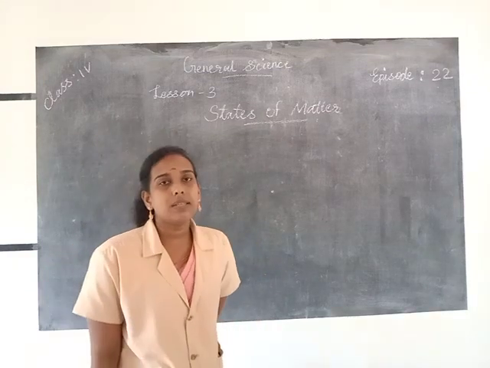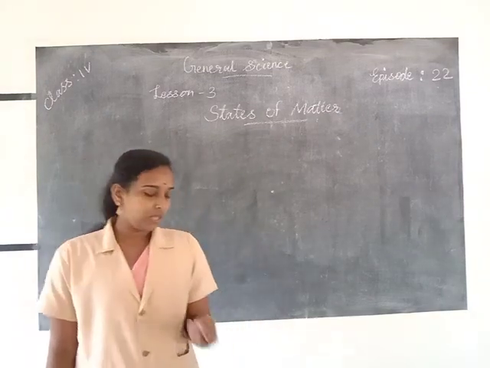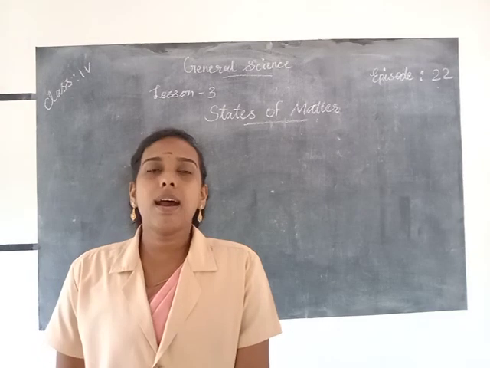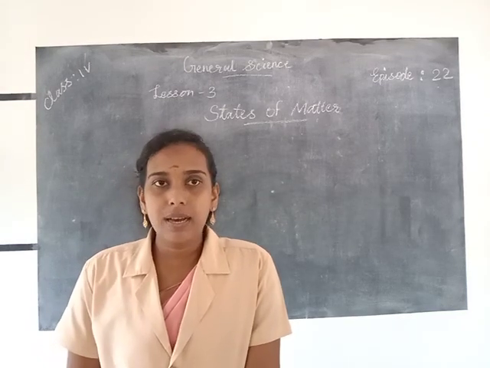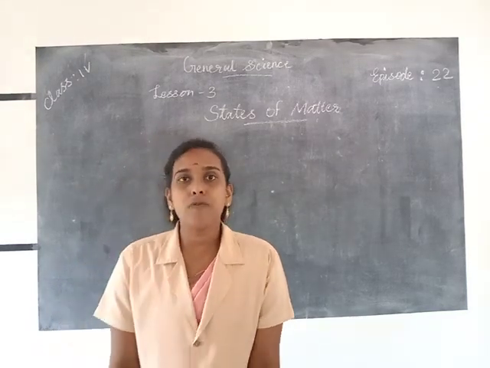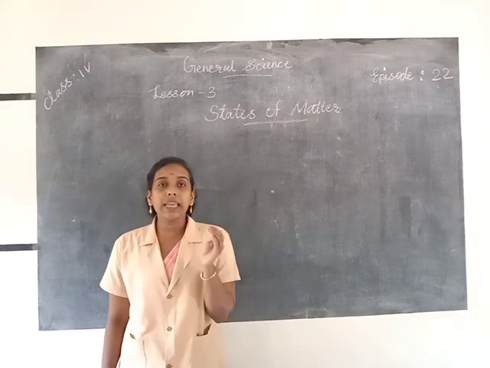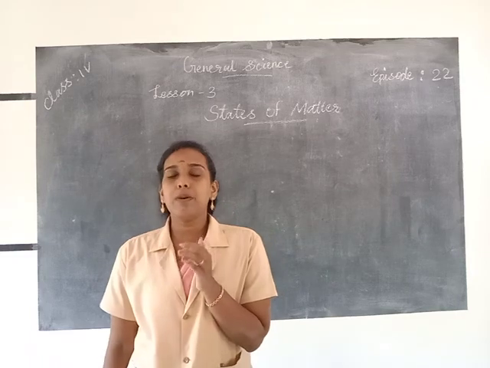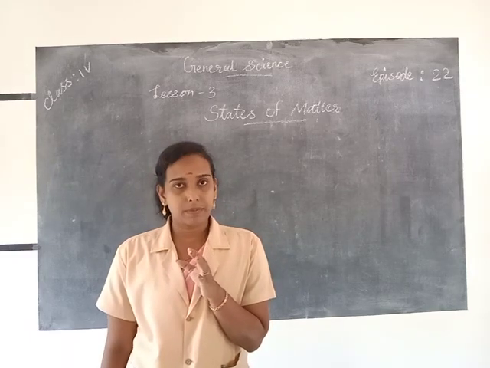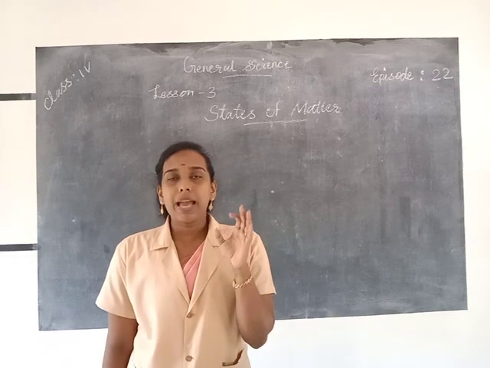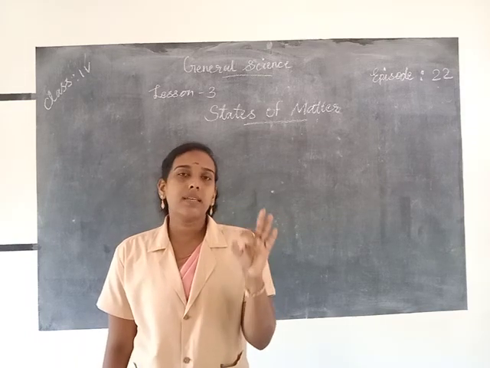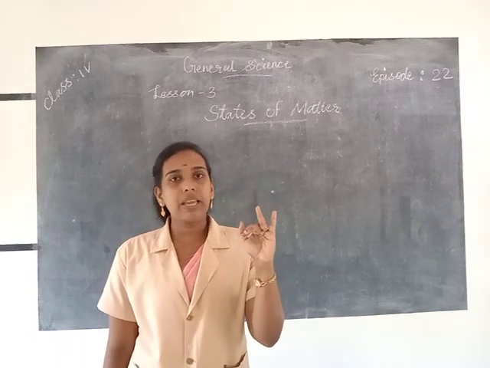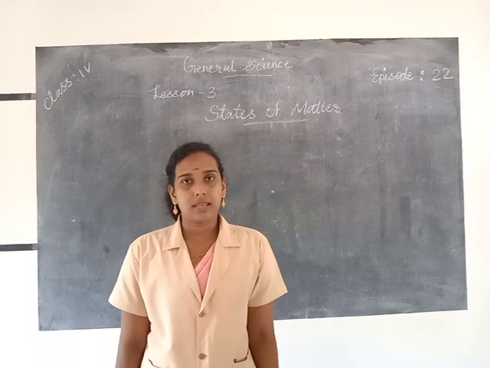So what do you mean by matter? Anything which occupies space and has mass is called matter, and the matter is made up of very small or tiny particles called molecules, and the molecules are made up of tiny particles called atoms. And the matter exists in three states: solids, liquids and gas.